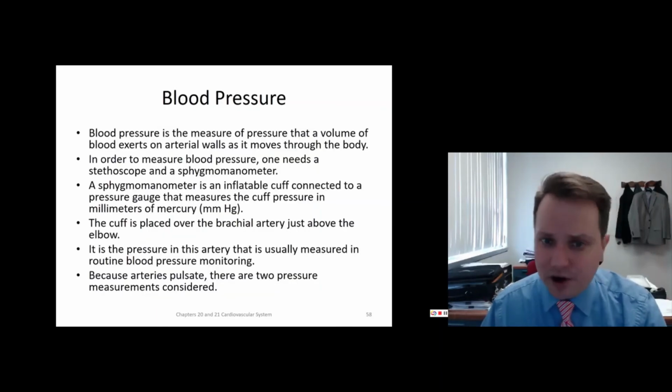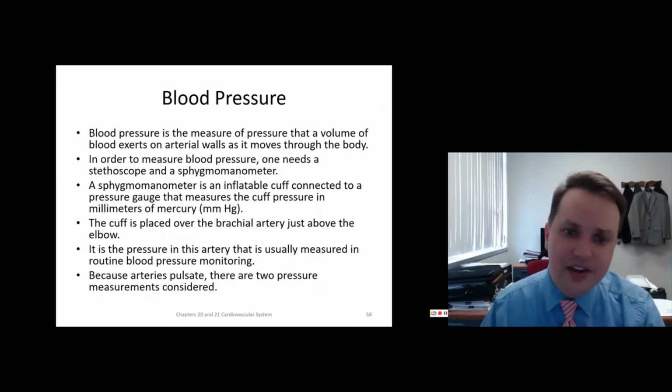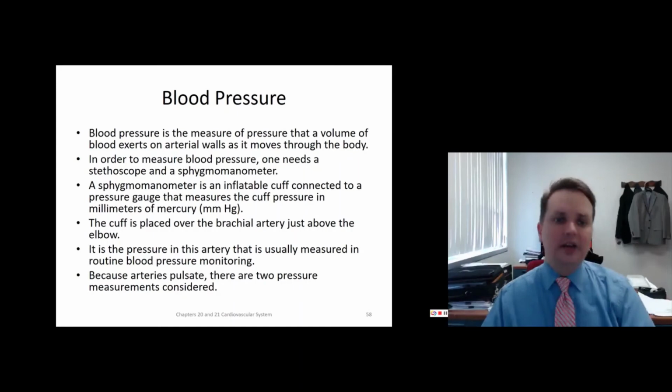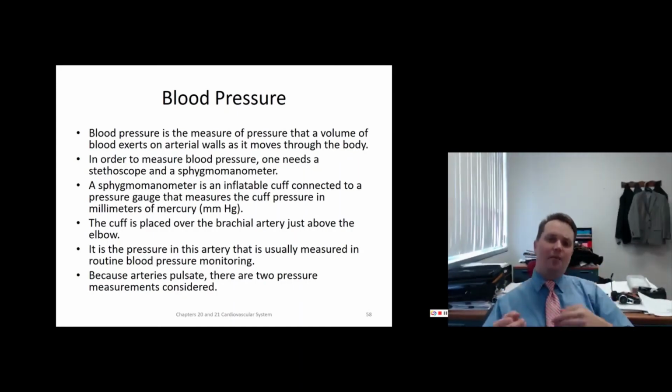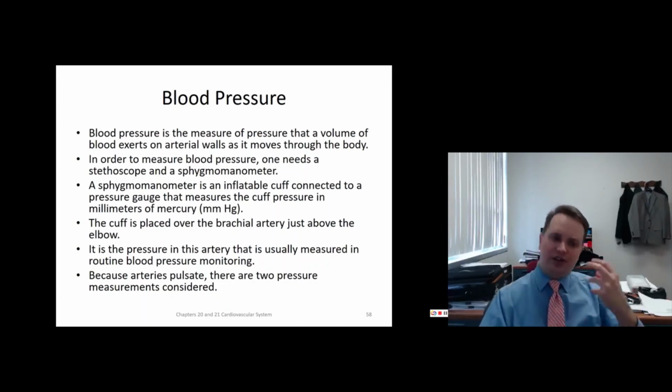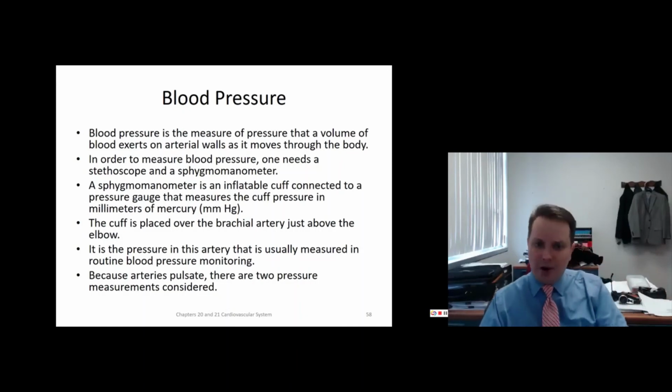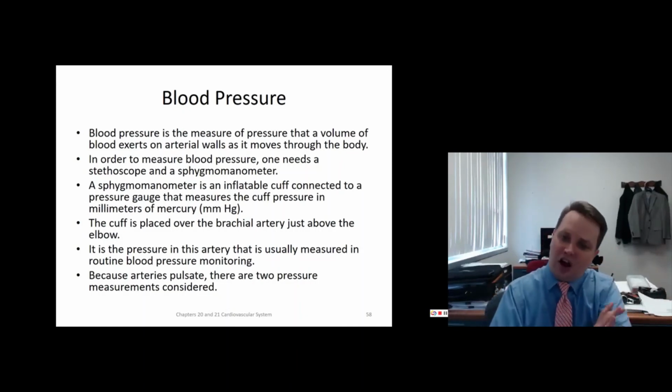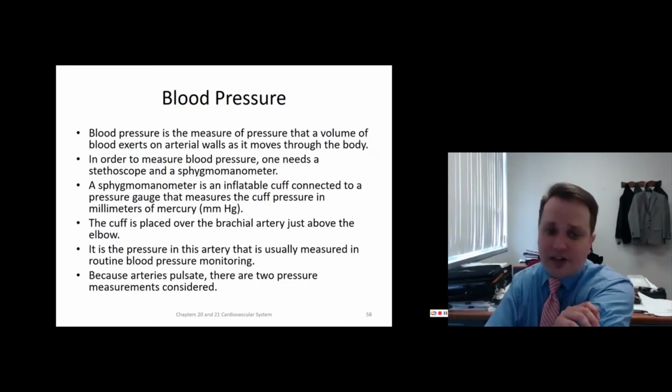Now, blood pressure. I do want to mention a little bit about this. Blood pressure is how much the volume of blood in your blood vessels exerts force on the walls of arteries as it moves. We measure that. We use a stethoscope and a sphygmomanometer. The sphygmomanometer has a cuff on it. You inflate it. It squeezes down on usually the brachial artery.